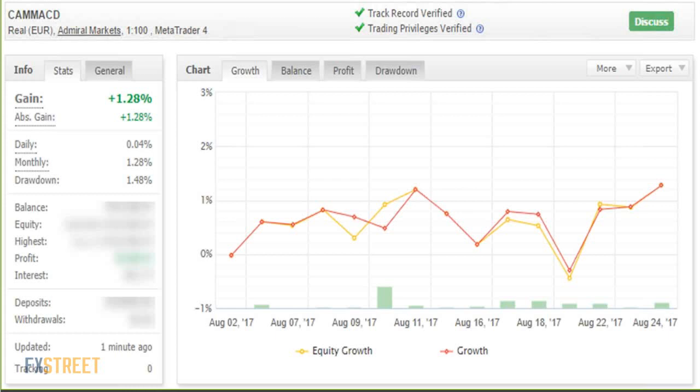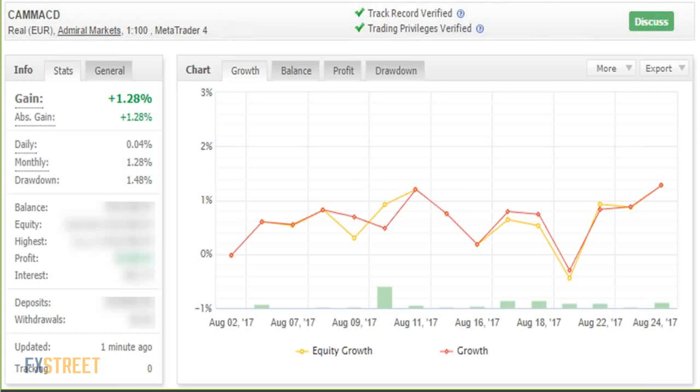I made a couple of trades during my August holidays, and well, you can see that I made some nice profits. I mean, it depends how big the account is, and this is a pretty big account. I have it with Admiral, so this 1.3% in August, actually, it's nice money, right?